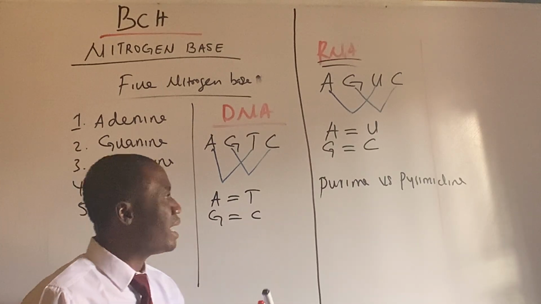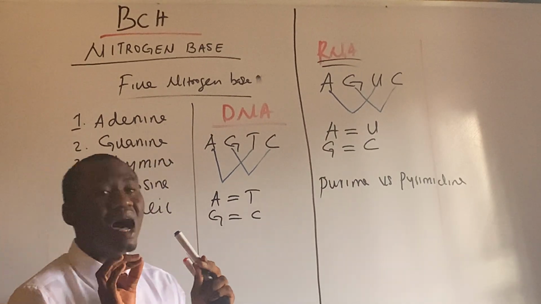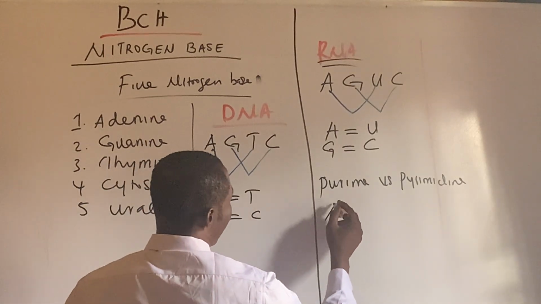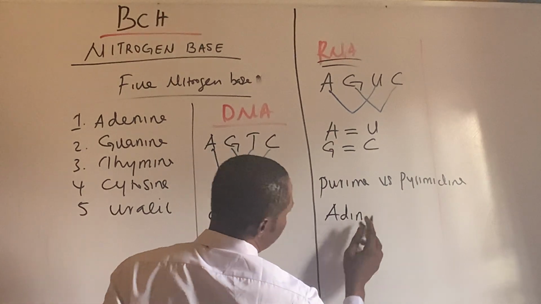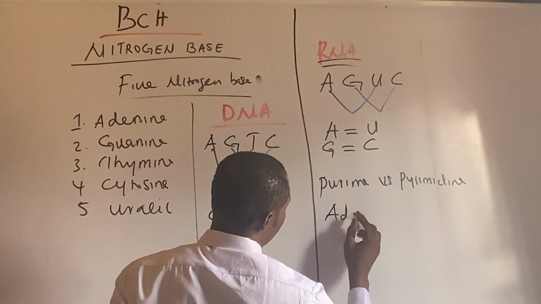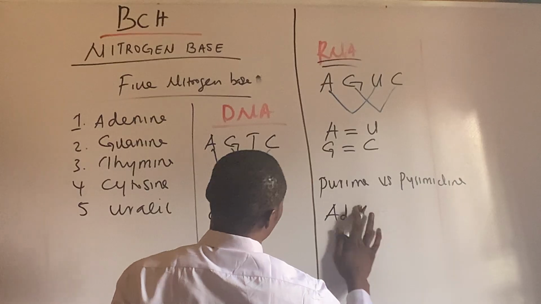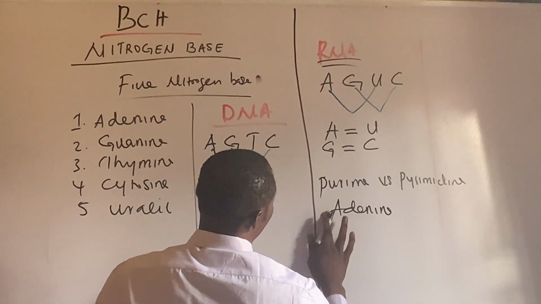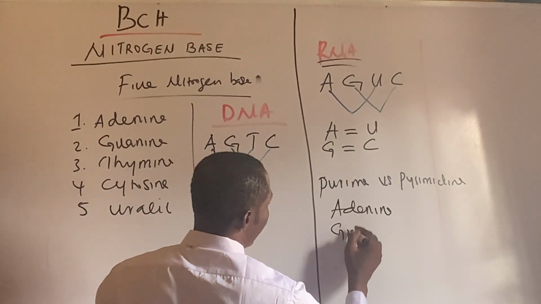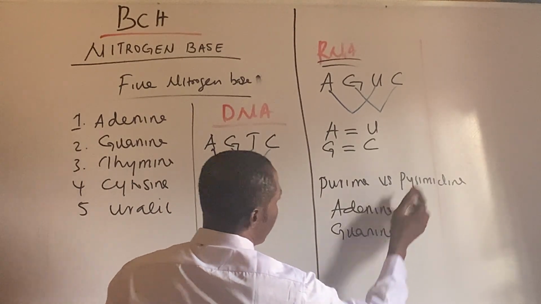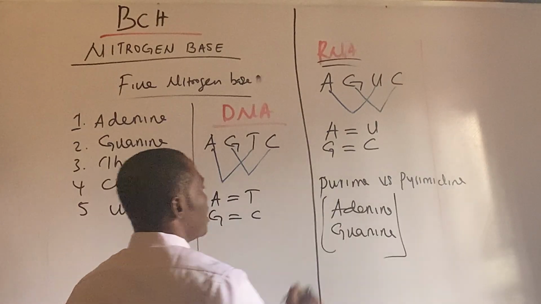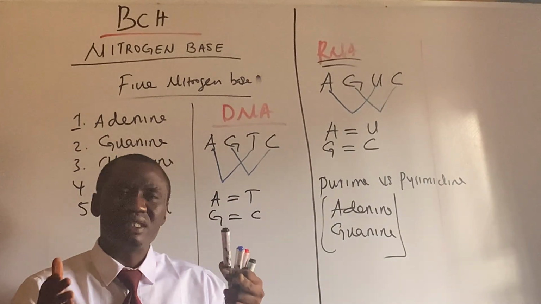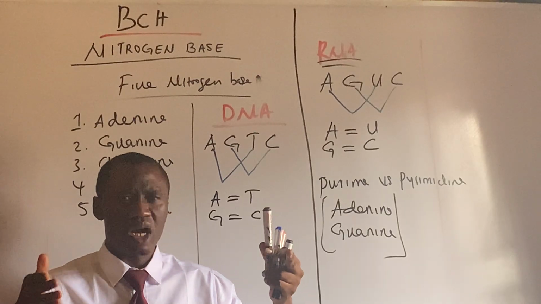And the pyrimidines are these nitrogen bases that have a simpler structure. The adenine and the guanine have a complex double structure.